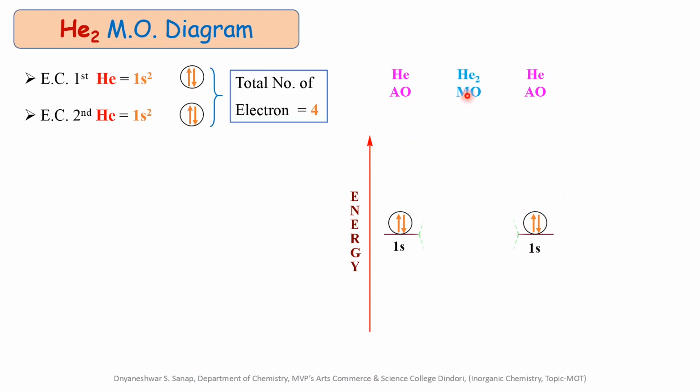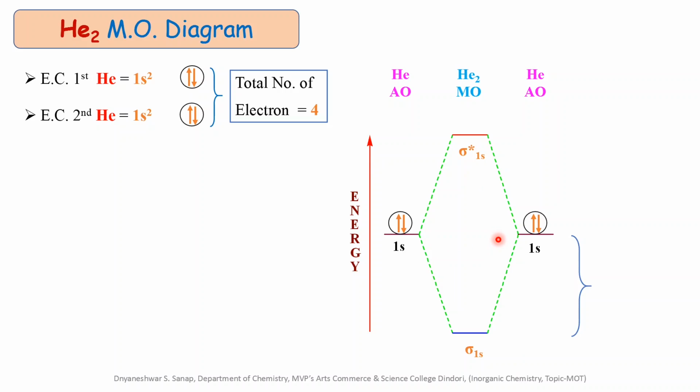These are formed during the formation of the He2 molecule. Out of these two molecular orbitals, one is the lower energy orbital, called the bonding molecular orbital, and one is the higher energy molecular orbital, called the antibonding molecular orbital. The bonding molecular orbital is denoted by sigma 1s and the antibonding molecular orbital is denoted by sigma star 1s.